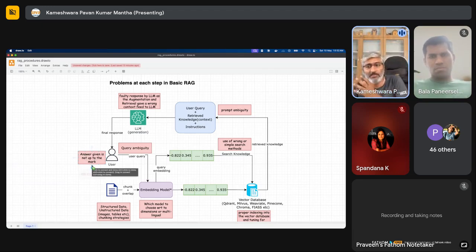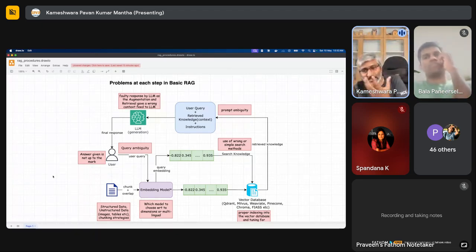That is what users most of the time tend to tell, or when you did some kind of experiment, you might also feel that the answers given by an LLM are not up to the mark, despite having constructed a robust RAG pipeline. The reason is all these problems coming into the picture.